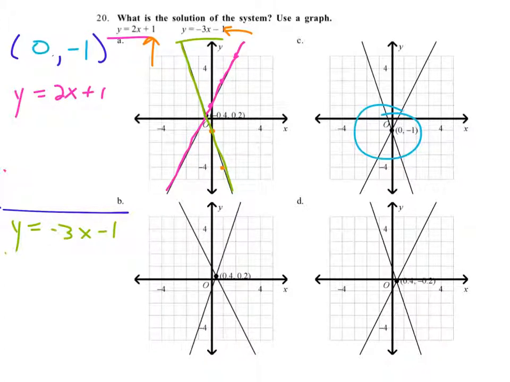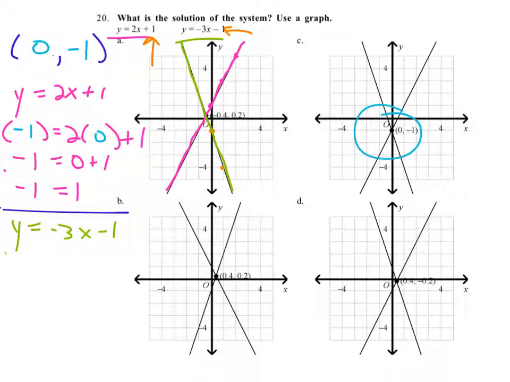We plug those in for x and y. For y, we put in negative 1. For x, we put in 0. And if we then solve this out, you can see that it says negative 1 equals 0 plus 1, or negative 1 equals 1. Not true, because it's not the solution. It should work for both of the equations. And once you see that it doesn't work for one of them, provided you haven't made a mistake, then it's not the solution. So the answer to this one is A.